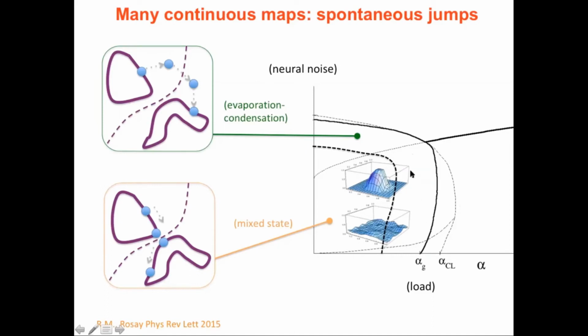Or loading, that is a sufficiently large number of attractors, even if we don't want to leave this ferromagnetic phase. If we are at low temperature, this evaporation condensation mechanism doesn't take place. And transitions from one attractor to the other take place through some mixed state, which for some transient period of time is half on one attractor and half on the other attractor.